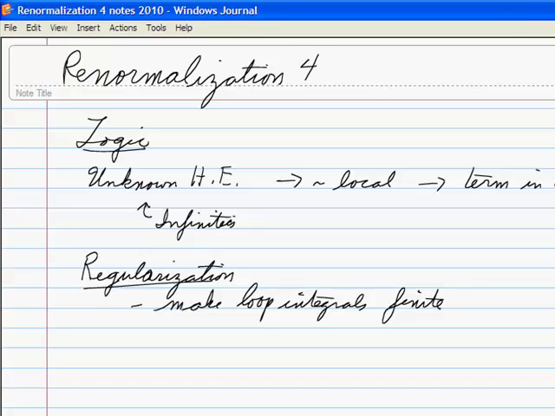You then can add and subtract them easily, so then you calculate away. And then at the end of the calculation, you undo whatever you did: undo regularization at the end.